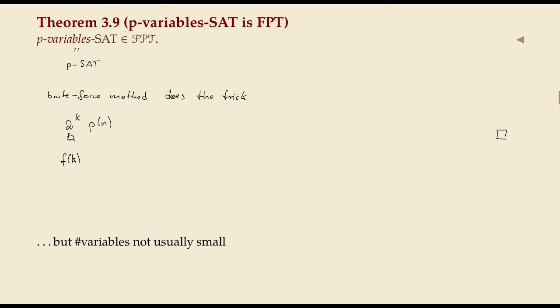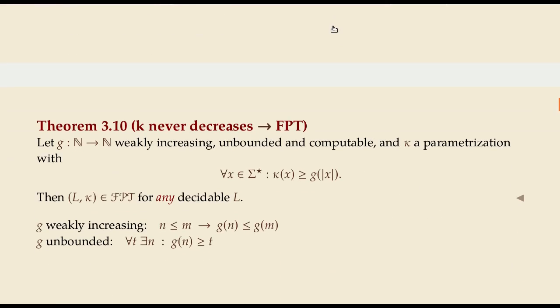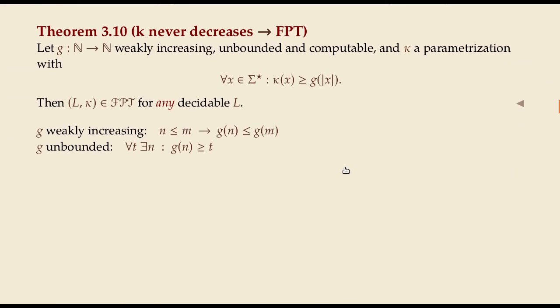But there's another problem with the FPT class in the definition, and that is if the parameter doesn't do you the favor to be small, then you're making hardly any statement about the quality of the algorithm. And this is what the following theorem is supposed to show you. Let's start here.